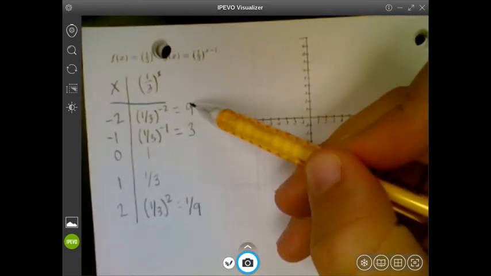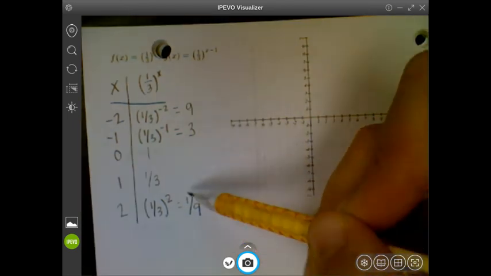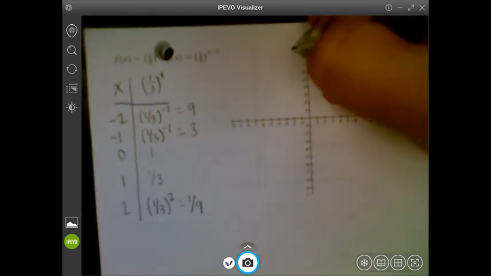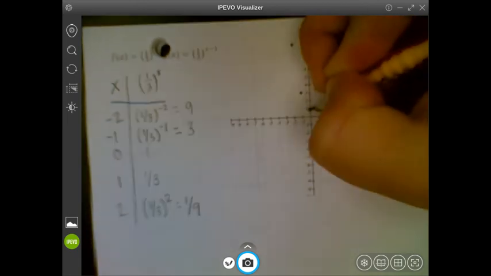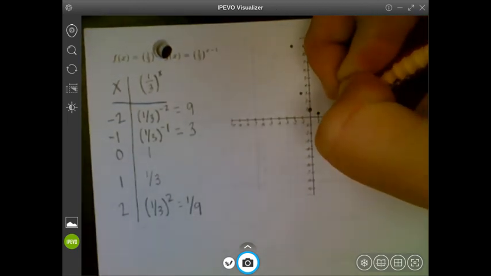And so you're kind of seeing the same pattern where you have whole numbers and then it gets into these fractions, just in reverse, because this is a decay problem versus a growth problem. So -2, 9, -1, 3, 0, 1, 1, 1/3, and then 2, 1/9.